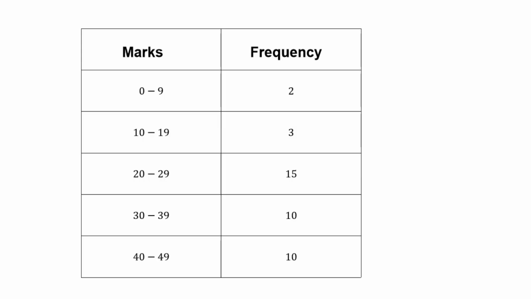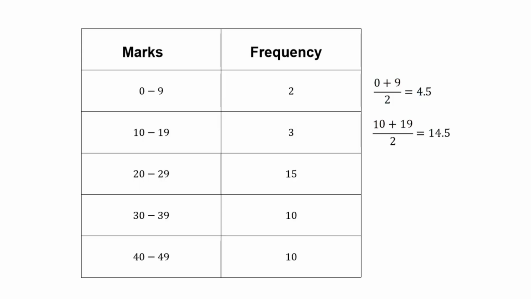We are going to work with the class midpoint. As we did in our previous lesson, to find the class midpoint, you just find the average of each class. So we add 0 to 9 and divide by 2 for the first class, and that gives the class midpoint.